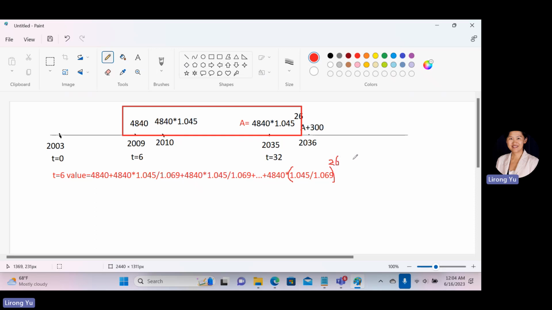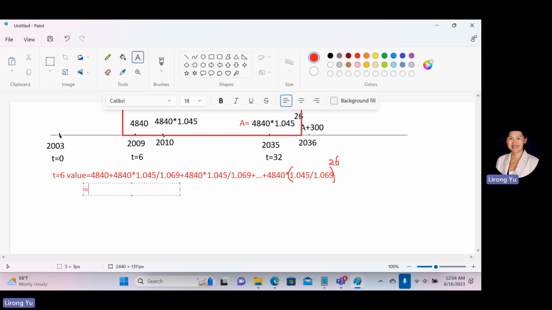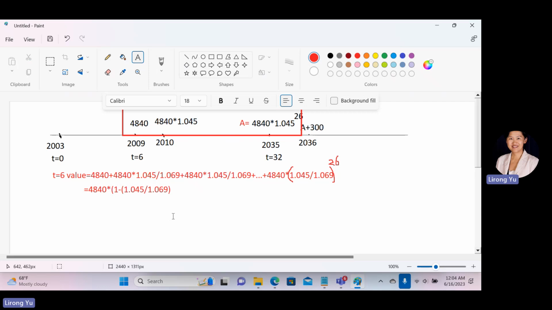Okay, following the geometric sum formula in calculus, this is equal to 4840, being a common factor, multiplied by 1 minus, I saw your formula, you have a similar formula like this, 1.045 over 1.069, and this factor to the power of 27, because that's how many terms we have in the series, in this partial sum.